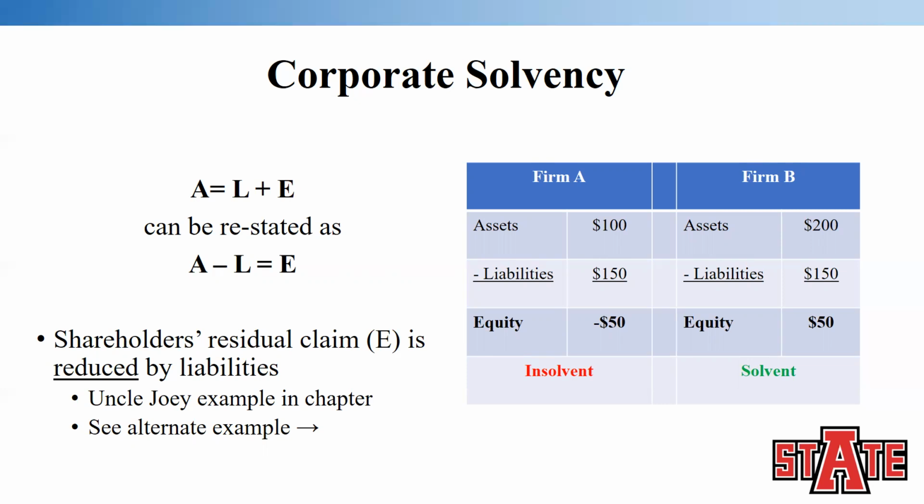And so one of the key things to get from chapter 4 on balance sheets is the fact that equity, the residual claim of shareholders, is reduced by liabilities, and that causes shareholders to monitor the level of liabilities very closely. And that's important because we have to go to both credit markets and the equity market to raise financing.